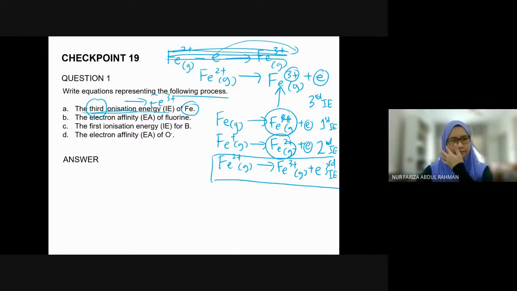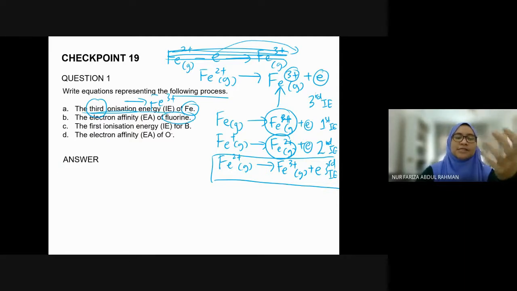Okay, alright. The electron affinity of fluorine. As you can see, it does not specify whether it is the second electron affinity, third or so on. That means we can just assume this is the first electron affinity for fluorine, which is not a big problem.